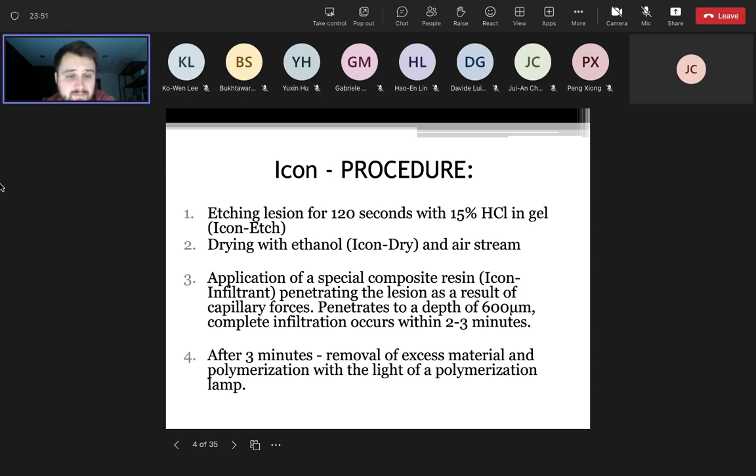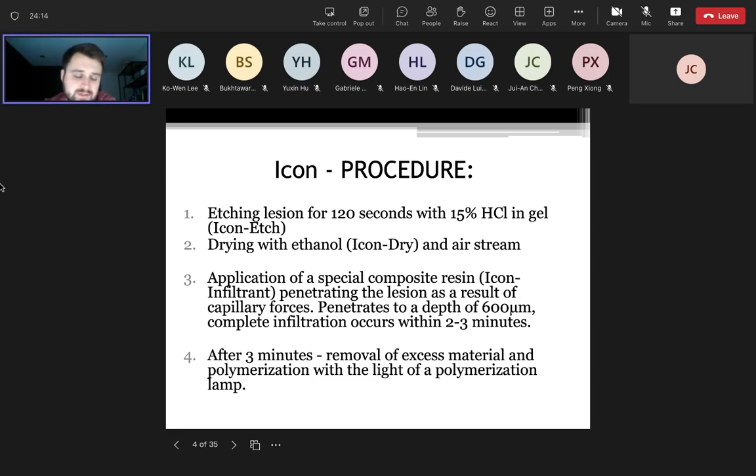For almost 2 minutes we place 15% HCl gel, so we have to protect the soft tissues. Then after etching the lesion for these 2 minutes, we dry it with Icon Dry. It is ethanol and air, so we remove all the water.